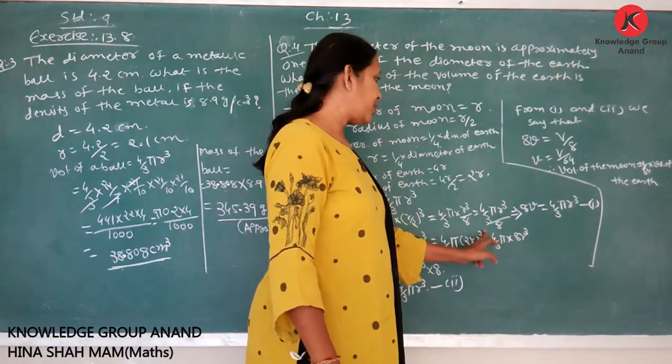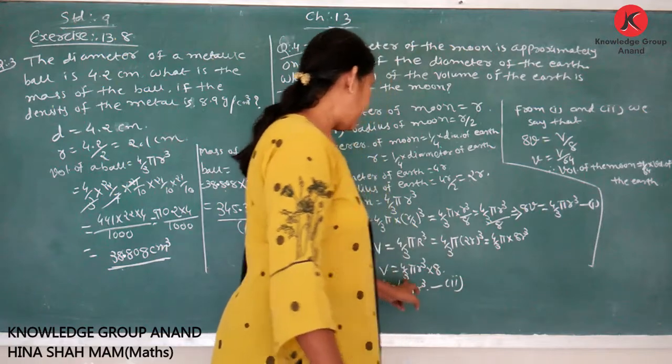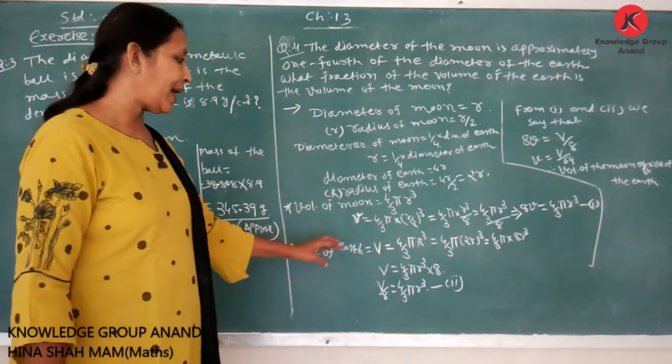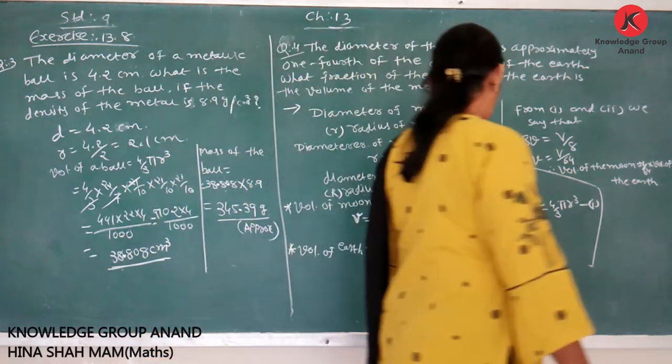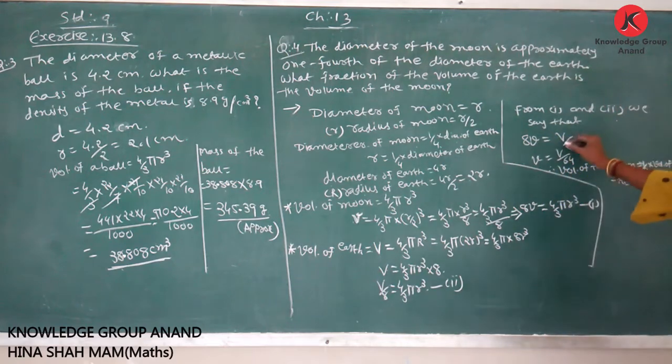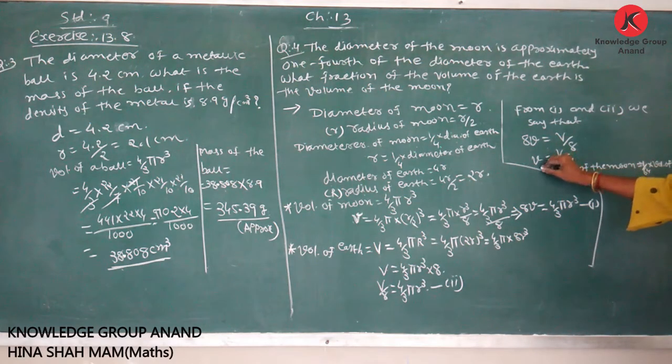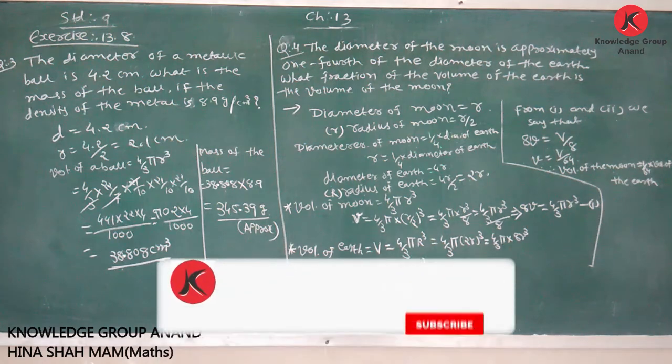Put value 2r, 2 cube is equal to 8r cube. Then capital V is equal to 4 by 3 pi r cube into 8. V by 8 is equal to 4 by 3 pi r cube. Compare result number 1 and 2. Then we get 8v is equal to V by 8, small v. That means volume of moon is equal to volume of earth upon 64. Volume of the moon is 1 upon 64th of the volume of the earth. Write down question number 3 and 4 in your notebook.